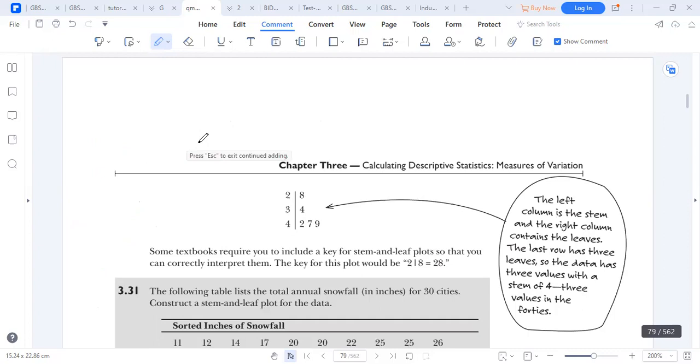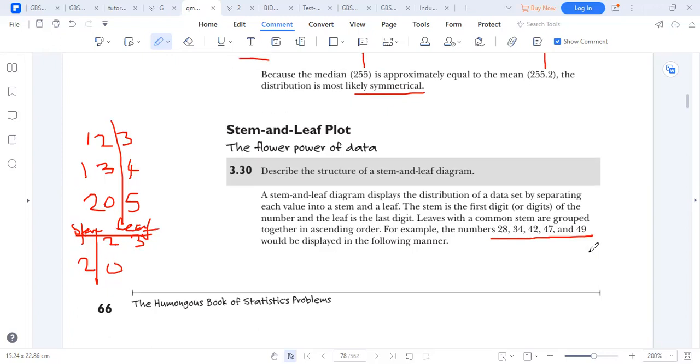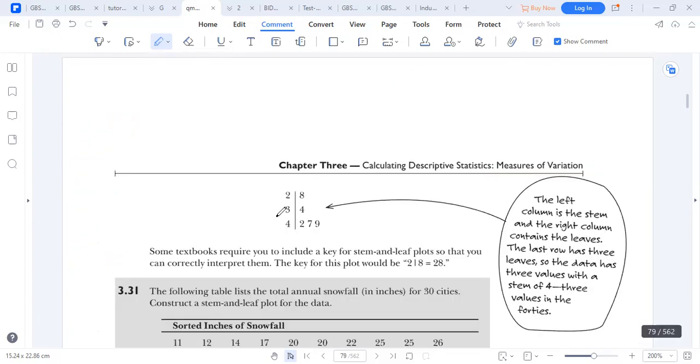So you'll be given information like this, for instance: put it in a stem and leaf diagram. So we have 20s, 30s, and 40s. So 28, 34, 42, 47, and 49. The leaves are just the last number, in short.